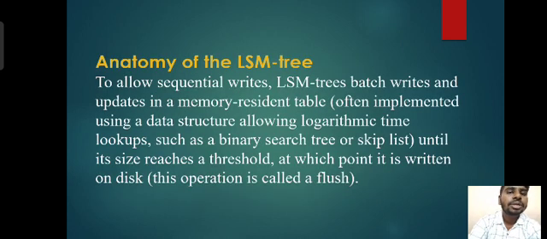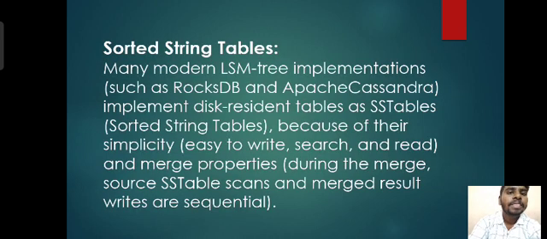Anatomy of LSM tree. To allow sequential writes, LSM trees batch writes and updates in a memory-resident table, often implemented using a data structure allowing logarithmic time lookups such as a binary search tree or skip list, until its size reaches a threshold, at which point it is written on disk. This operation is called a flush.